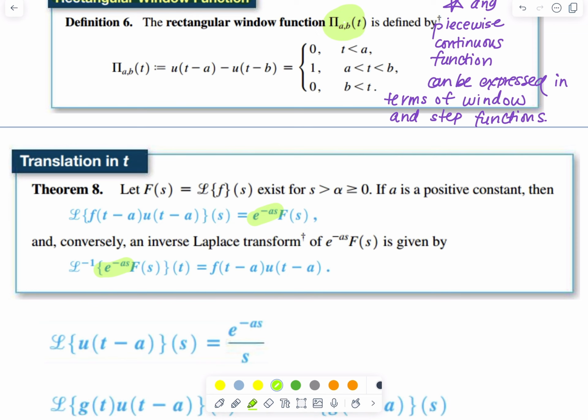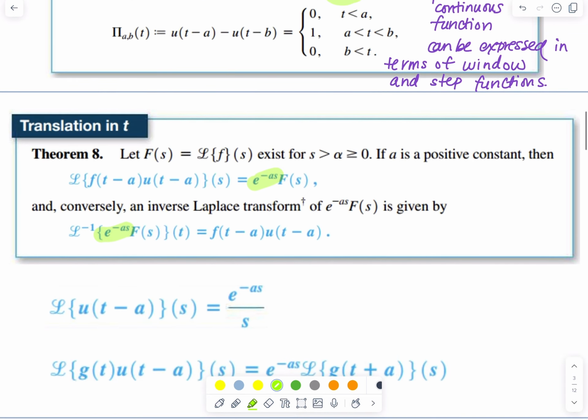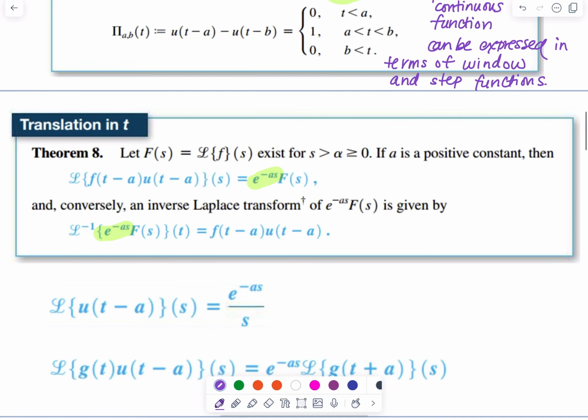We have a positive constant a, and we will be using these a lot. So the Laplace transform of f of t minus a multiplied by u of t minus a, all of s, is equal to e to the opposite of as multiplied by the Laplace transform. And we can also represent it using an inverse Laplace transform.